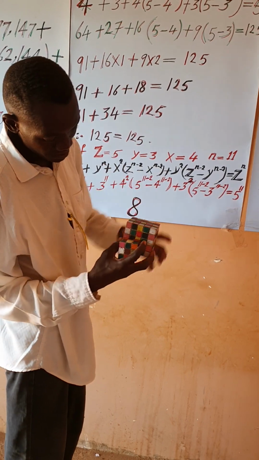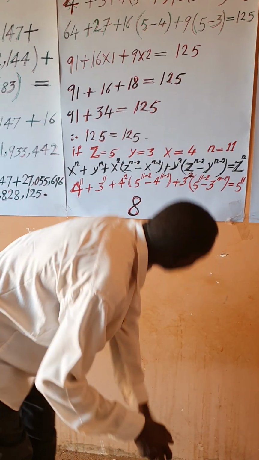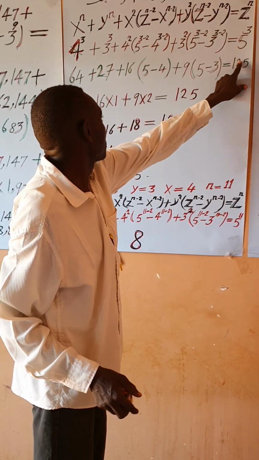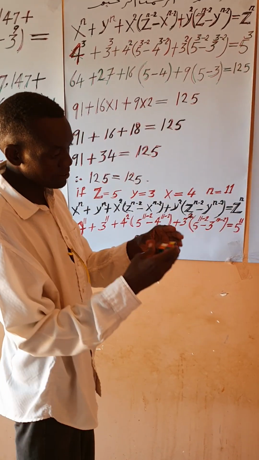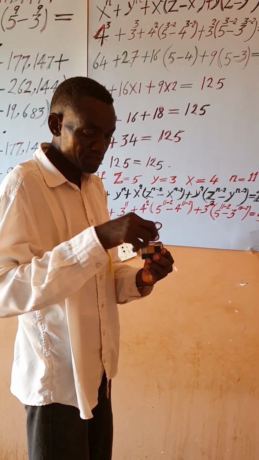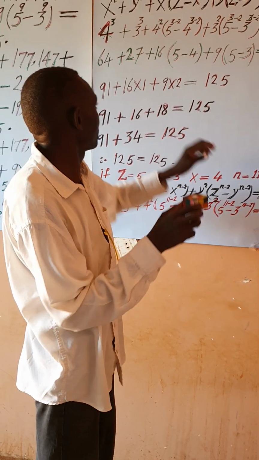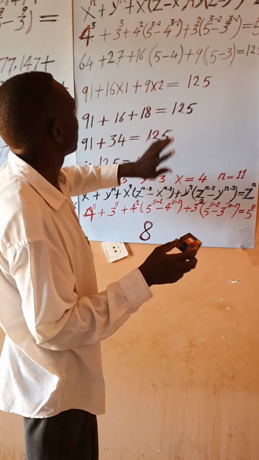What's the difference? We need 9 times 2. This 3 times 3 times 2 equals 18. This 18.